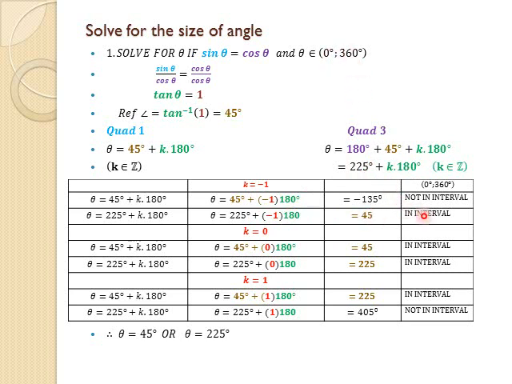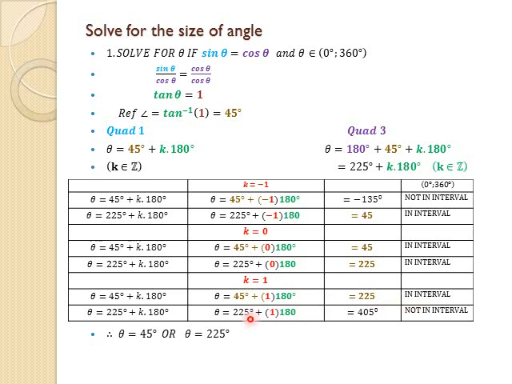If I use 0, then 0 times 180 simply stays 45. In my interval, 225 plus 0 times 180 gives me 225, which is in the interval. If I use k equal to 1, 45 plus 180 gives me 225, which is in the interval.